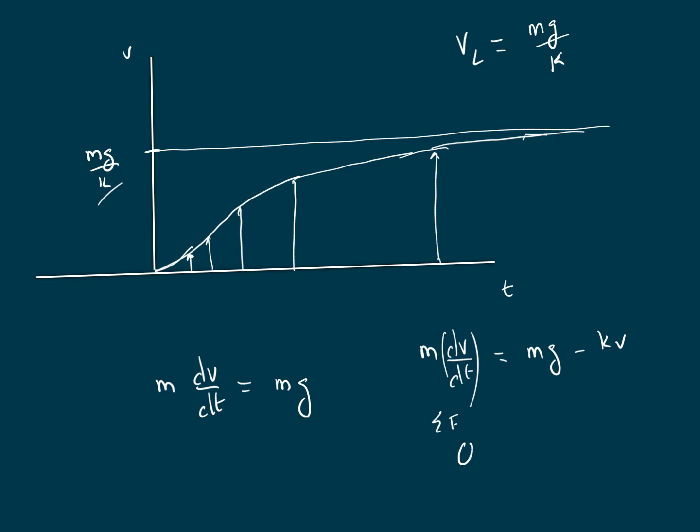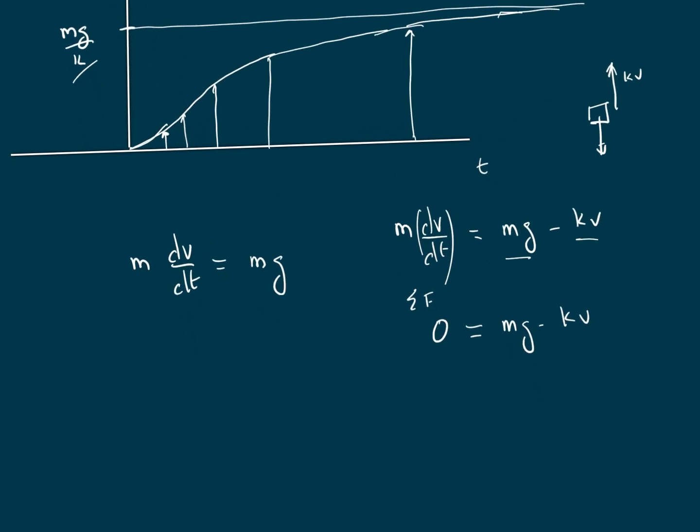So this happens when mg is equal to kv, when the force going downwards is equal to the force going upward. At this instant, mg minus kv is 0, and mg is kv. So the limit velocity is mg divided by k. And again, we find the same result, mg divided by k, as the limit velocity.